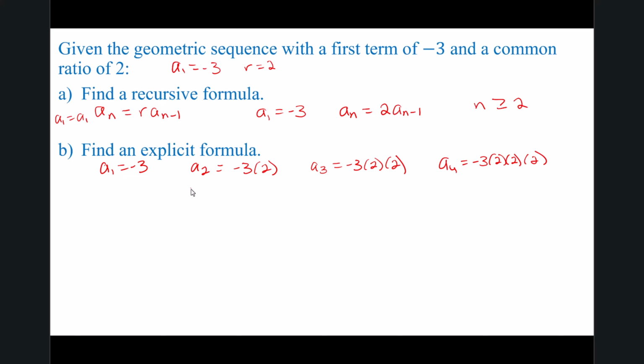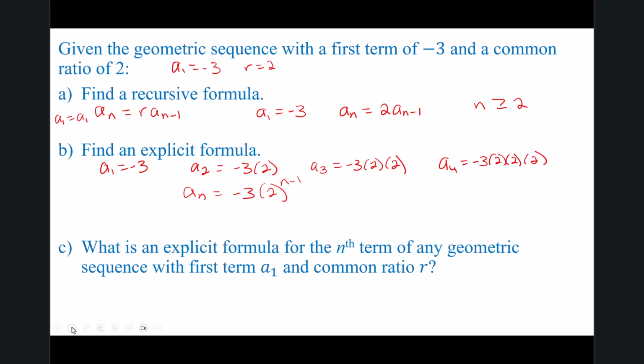So our explicit formula will be a sub n equals that first term, a sub 1, times that common ratio raised to the power of n minus 1. Notice for a sub 2, we've multiplied by 2 one time. For a sub 3, we've multiplied by 2 two times, etc. So our power on the 2 should be n minus 1. We multiply by 2 one less time than whatever that term number is.